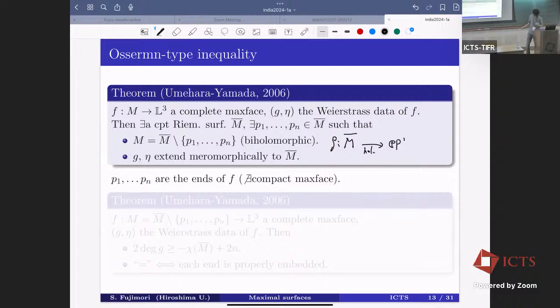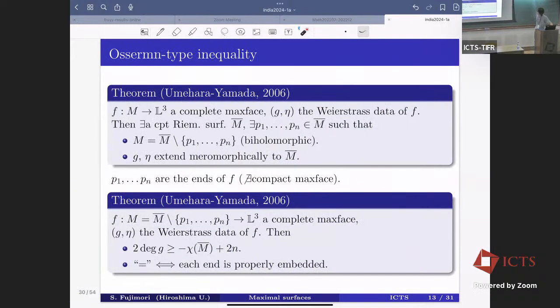So we can consider the mapping degree, for example, the mapping degree of G. And so M is always represented this way, and these removed points correspond to the ends of the surface. So there is no compact max face, like minimal surfaces in R3.